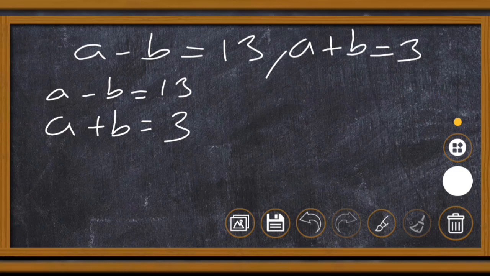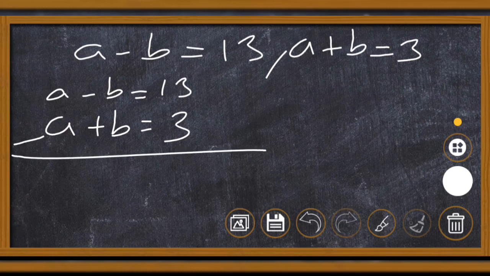For those that know how to use the matrix form, you can also use matrices here. Whichever method you use to solve this simultaneous equation, it does not matter. You are not restricted. Whichever method you are familiar with, you can use that.